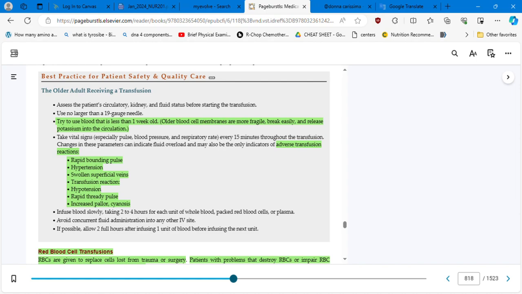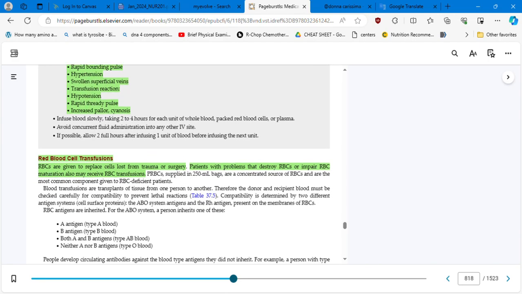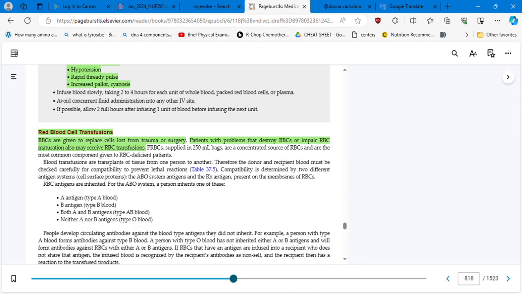Okay, adverse reactions could be rapid bounding pulse, hypertension, swollen superficial veins, transfusion reactions, hypotension, rapid thready pulse, increased pallor, cyanosis. So you have to infuse the blood very slowly, probably between 2 and 4 hours.